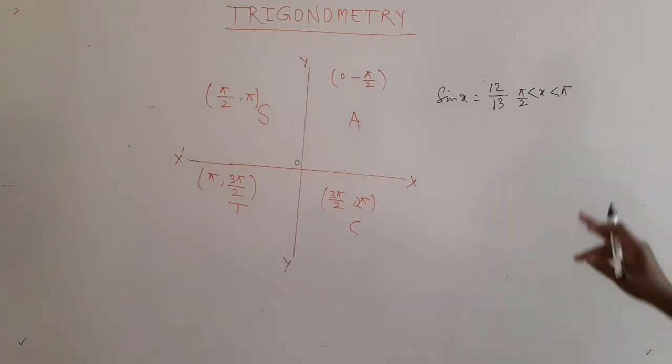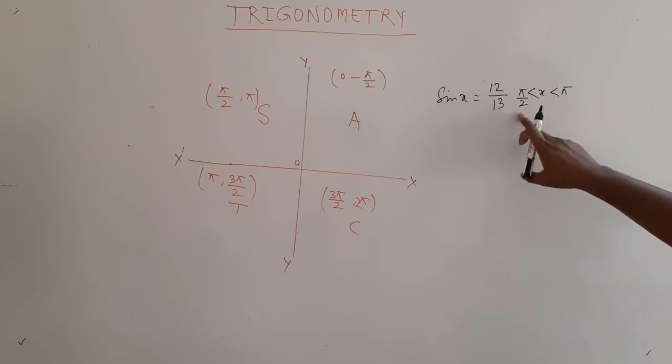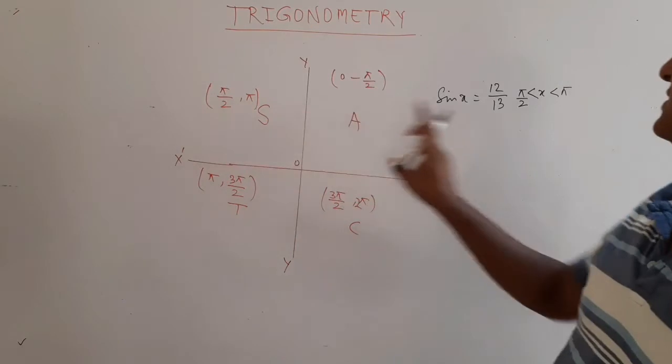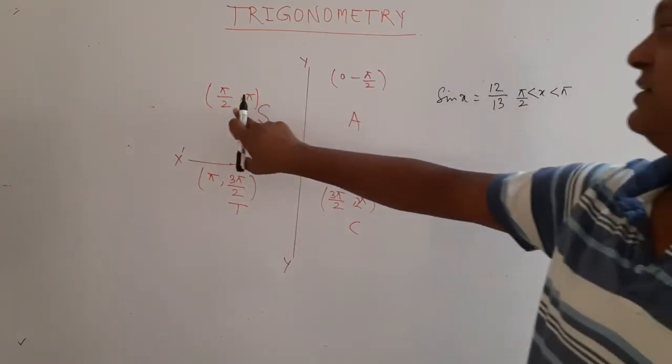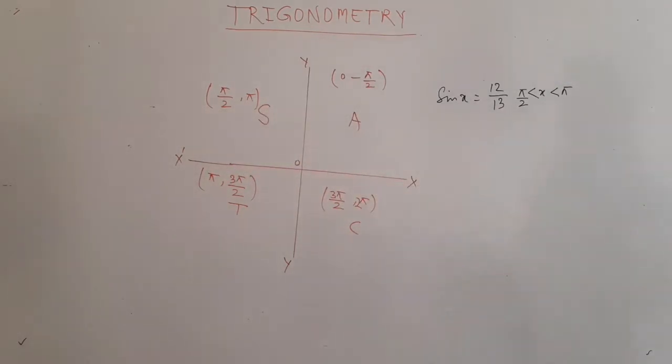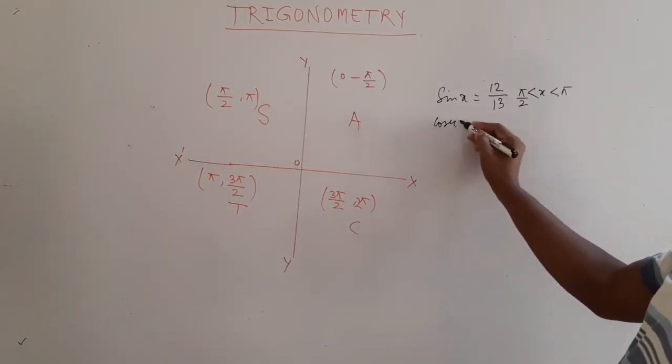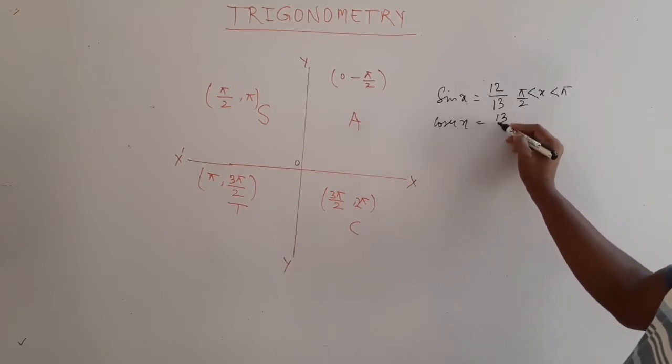Find all other t ratios. So when you see that x is between pi by 2 and pi, just locate the angle x. So this lies in the second quadrant, so the sine is positive, and you know that all others are not. So first I try to find out the cosec. So cosec x will be 13 over 12.